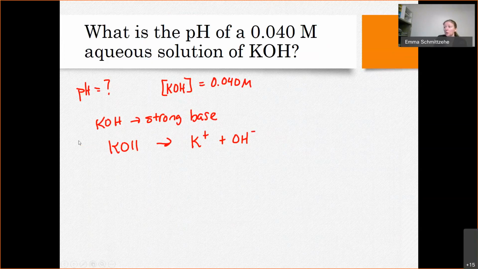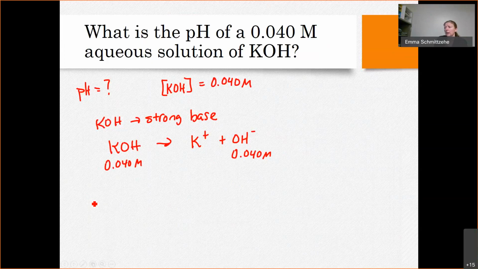Once I put that into water, what I get is K+ and OH-. And since it completely breaks apart, that means if I had 0.040 molar of that, then I have 0.040 molar of OH-, okay? And so that means I know my OH- concentration.